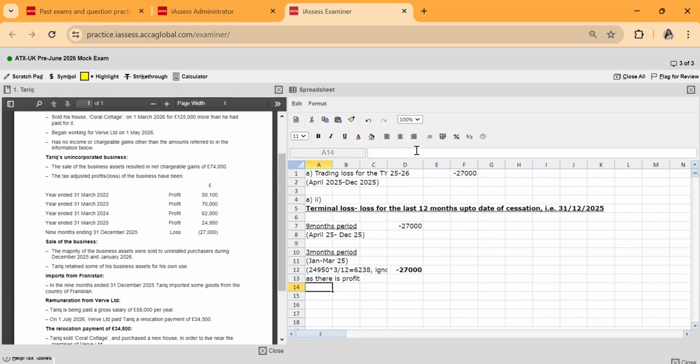Got it? So we will ignore this. I will take 0 here, and that is going to fetch you 1 mark. So the terminal loss will be 27,000, not 20,000 something. Why? Because if there is a profit in the penultimate year, we simply don't take it. Only if there's a loss will it be added; profits will be ignored. Done. We're done with the A part completely.